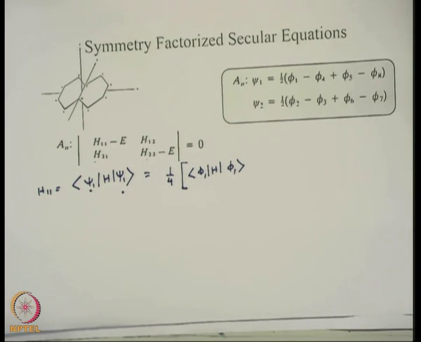First tell me that. 16 terms. But do I need to write all 16 terms? Because this phi 1 H phi 1 that I write, will you agree with me that that is Huckel alpha? Because now phi 1 is p. If it is Huckel alpha, then I know very well what to write and what not to write. If it is S, we do not even bother. So, can you simplify that for me and tell me what you are going to get?